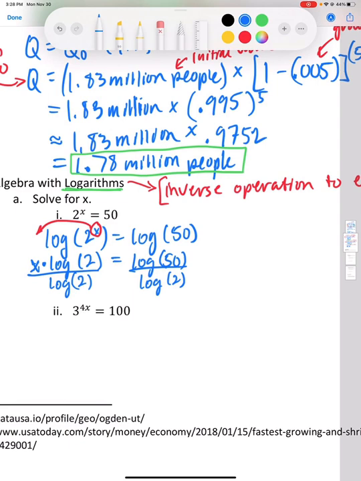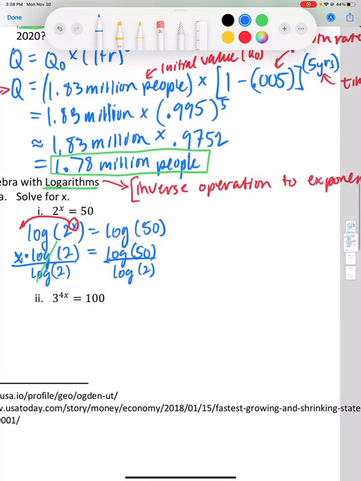And so what we're going to do is these will cancel here, and I will have x on the left side of my equation, equal to log base 10 of 50 over log base 10 of 2.